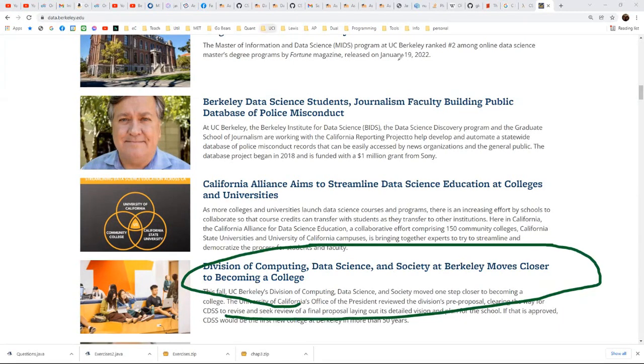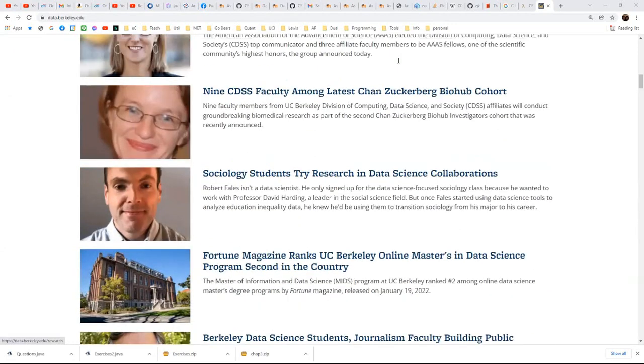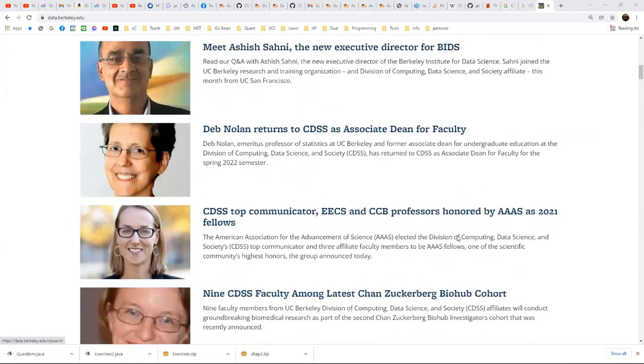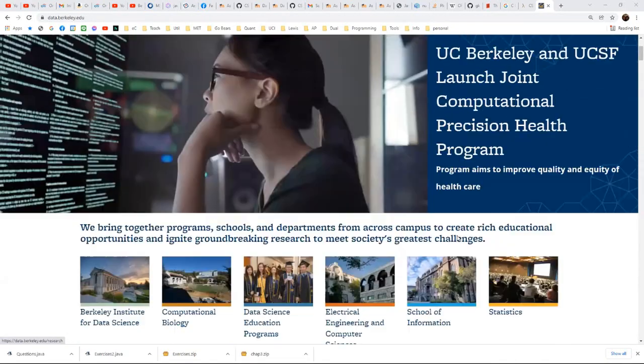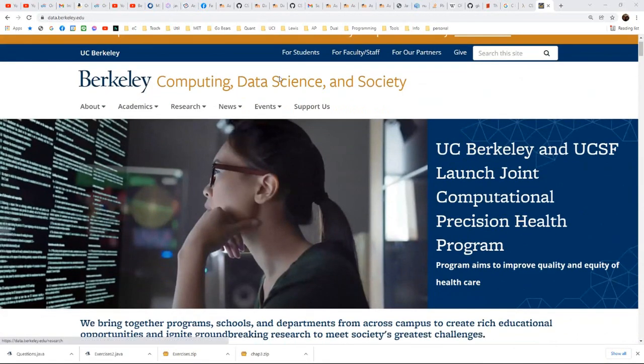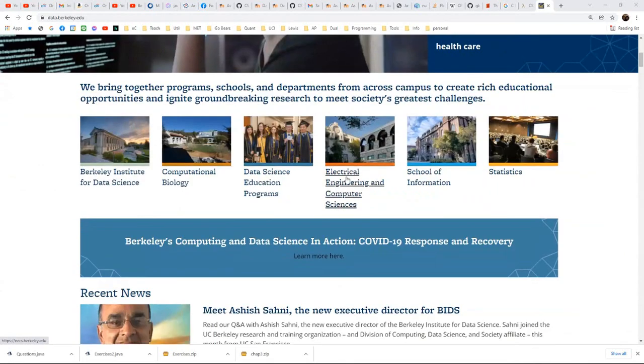They are building a building for it that can accommodate 3,000 people. So this is the way data science is moving, including traditional computer science, the school of information, and statistics for machine learning.